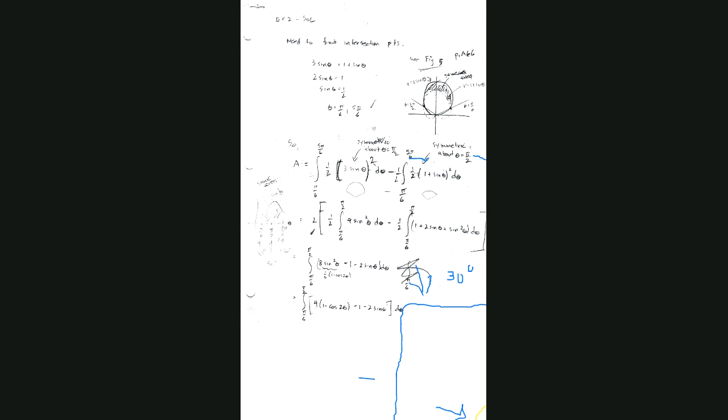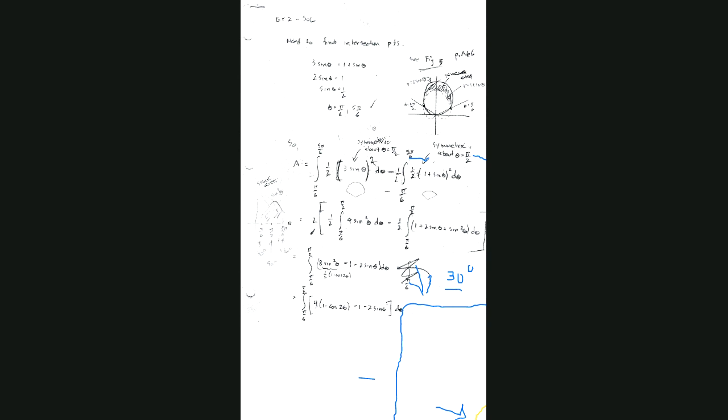However, I'm noticing that halfway between 30 degrees and 150 degrees is 90 degrees, right? 90 degrees is halfway between those two angles. And 90 degrees is a nice angle to evaluate sines and cosines at, okay?